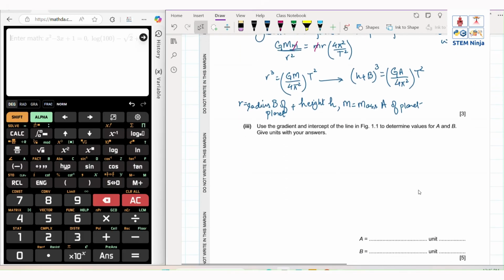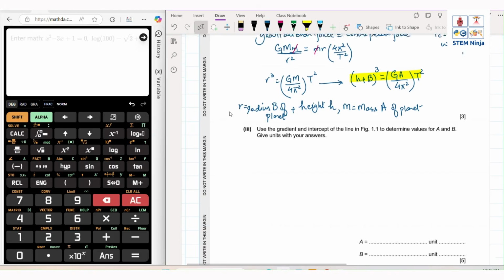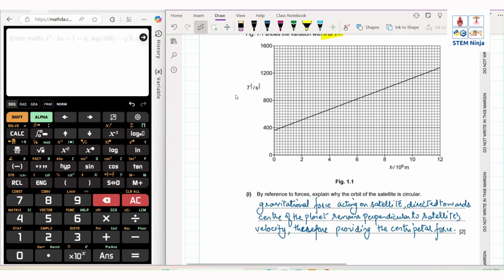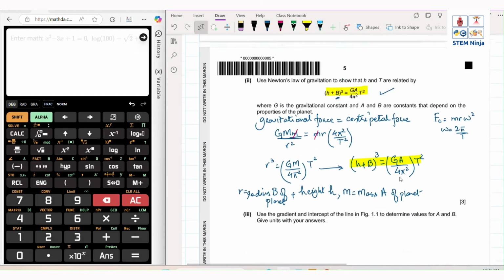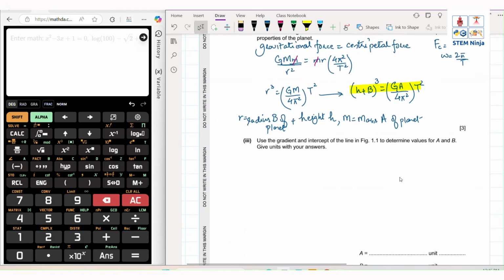Use the gradient and intercept of the line in figure 1.1 to determine the values for A and B. Before we do that, we need to convert this into the straight line equation. Remember in the graph, we had T raised to power 2 over 3 against h. So we need a y equals mx plus c form where h is our x.